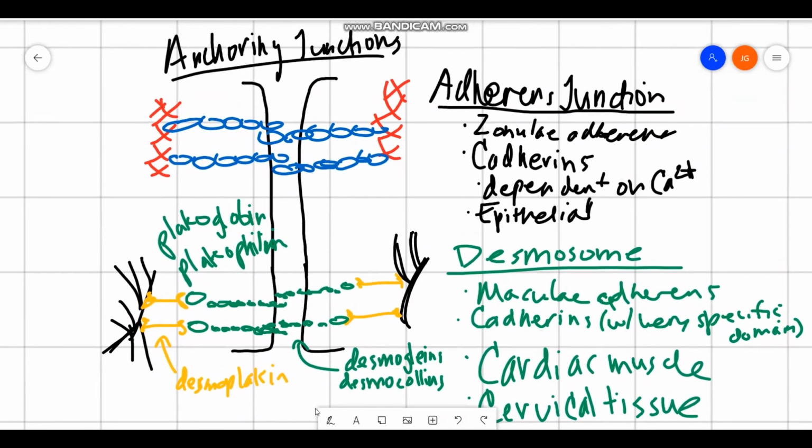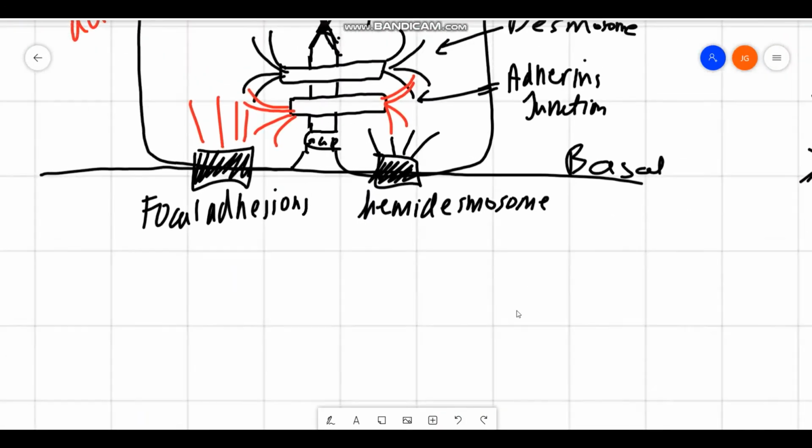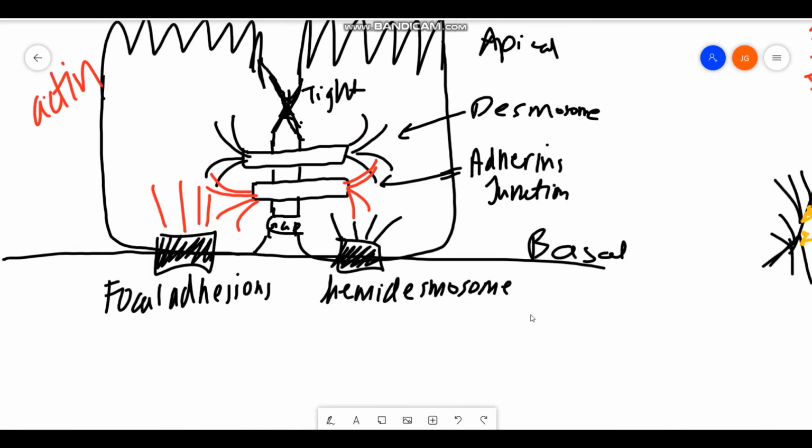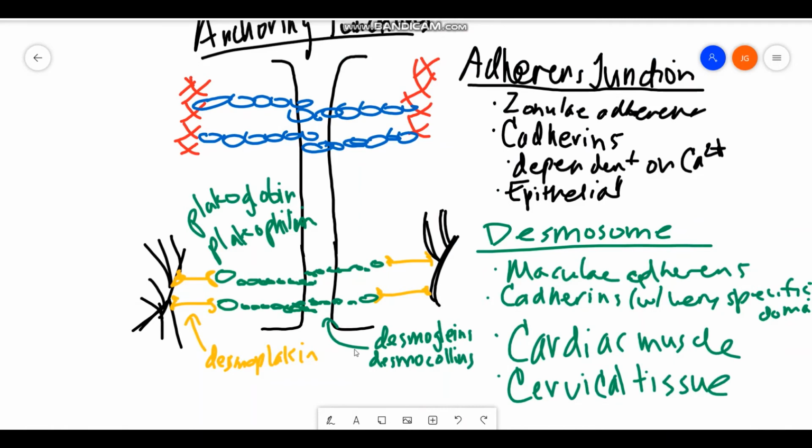So those are the basics of the anchoring junctions. They're more or less going to be repeated for your focal adhesions and hemidesmosomes. Maybe that'll get its own video, because these focal adhesions and hemidesmosomes also have their own functions regarding cell movement, especially in single-celled organisms.